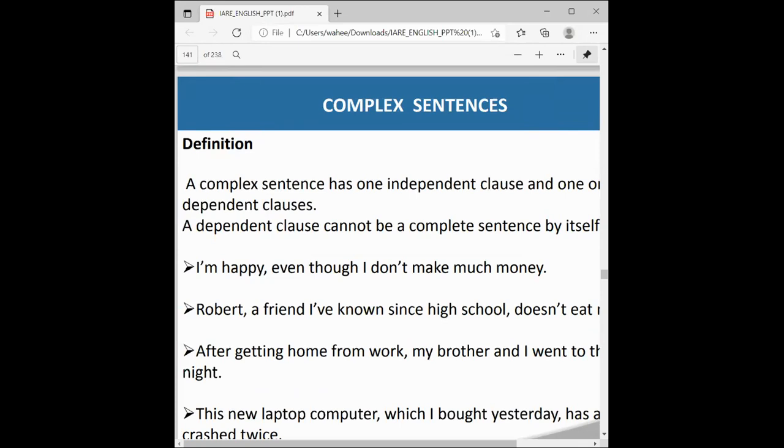Linking word but. Robert, a friend I have known since high school, does not eat meat, so Barbara made a special vegetarian dish for him. This is done by adding the word but, and here in the second instance by adding the word so.